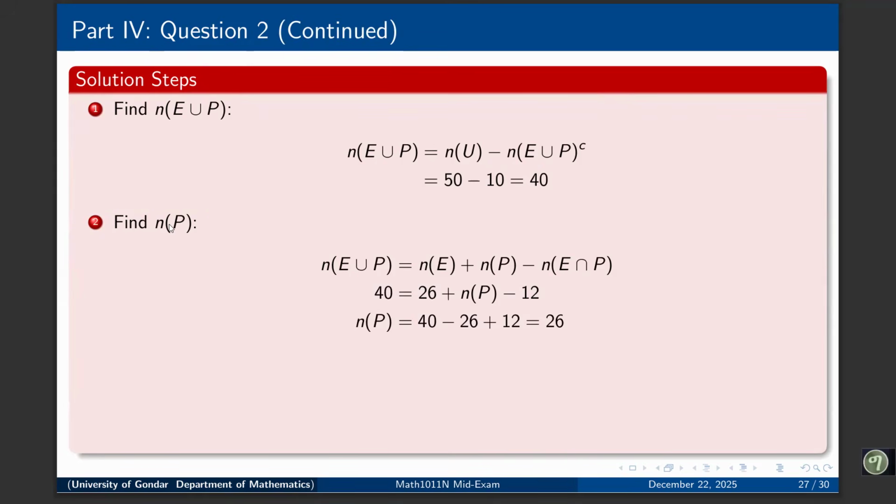And in order to find the number of students taking psychology, P, the number of E union P is equal to the number of E plus the number of P minus the number of the intersection of the two. That is just the formula for finding the number of elements of the union of two sets. So we have 40 here, that is the number of E union P, equals 26, the number of students taking economics, plus the number of P, which is unknown here, minus their intersection, the number of students taking economics and psychology, which is 12.